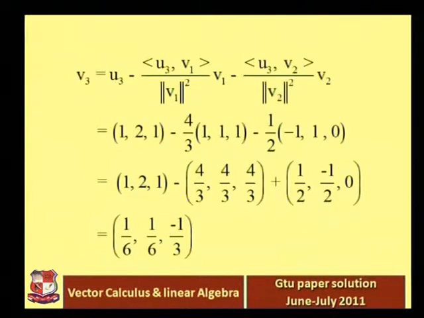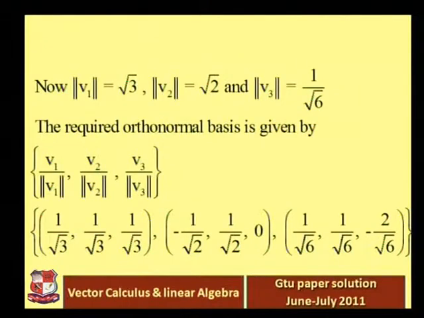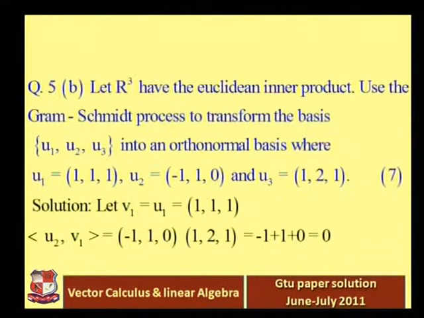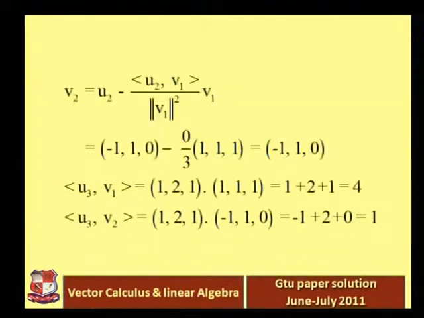So we have to divide each vector by its norm. Norm v1 is root 3, norm v2 is root 2, and norm v3 is 1 by root 6. I already explained how we find the norm of any vector with the Euclidean inner product. v1 is (1, 1, 1), so norm v1 is the square root of 1 plus 1 plus 1, that is root 3. v2 is (-1, 1, 0), so norm v2 is the square root of 1 plus 1 plus 0, that is root 2.